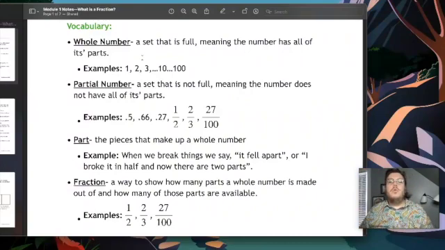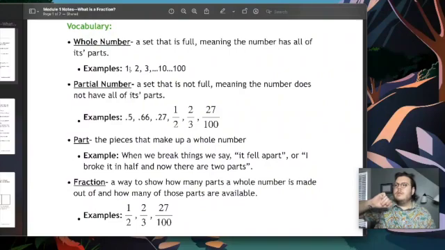We'll also refer to the whole as a set. This will make more sense when we get into our models. Some examples of whole numbers are numbers without decimals or fractions. A whole number could be anything from 0 to infinity.